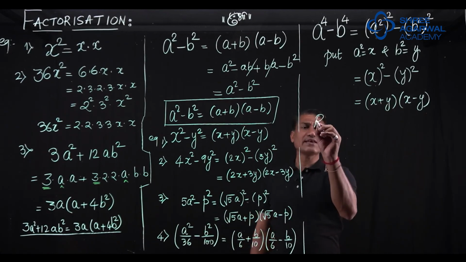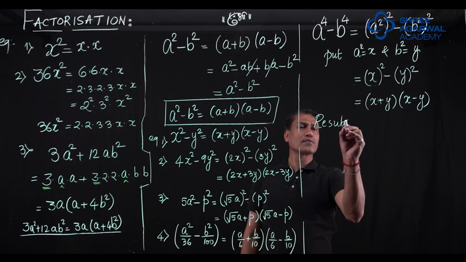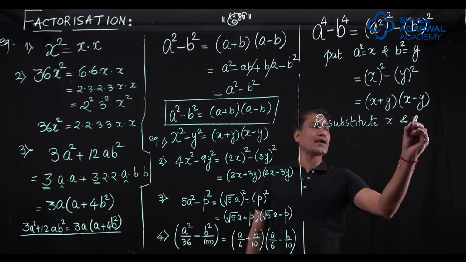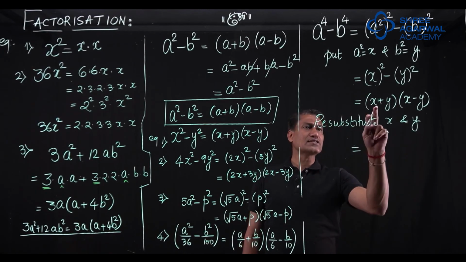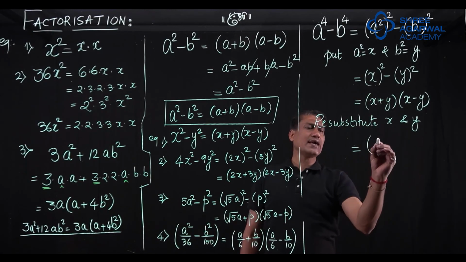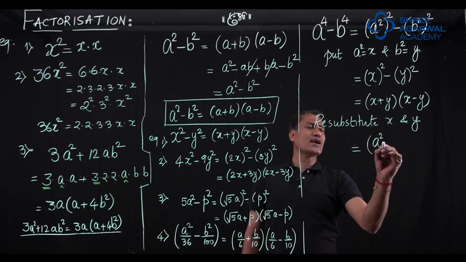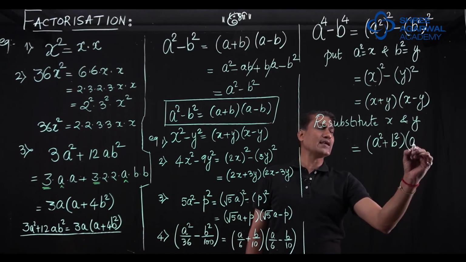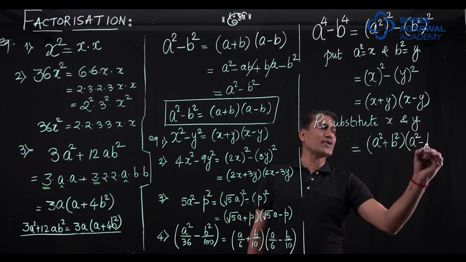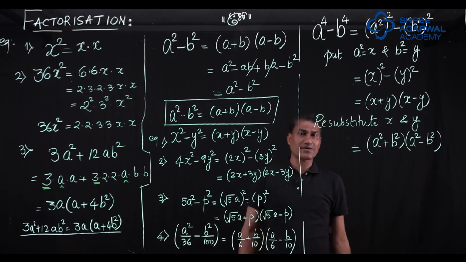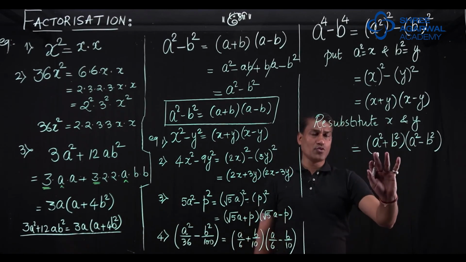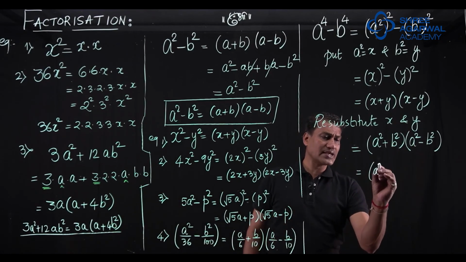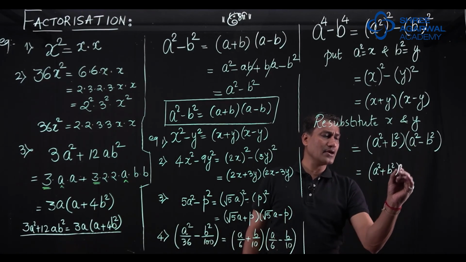Now we will say resubstitute. Resubstitute what? X and y. So this will be, instead of x we are going to write a square. Instead of y we are going to write b square. Instead of x we are going to write a square. Instead of y we are going to write b square. No more factorization of this. So we go ahead with a square plus b square.